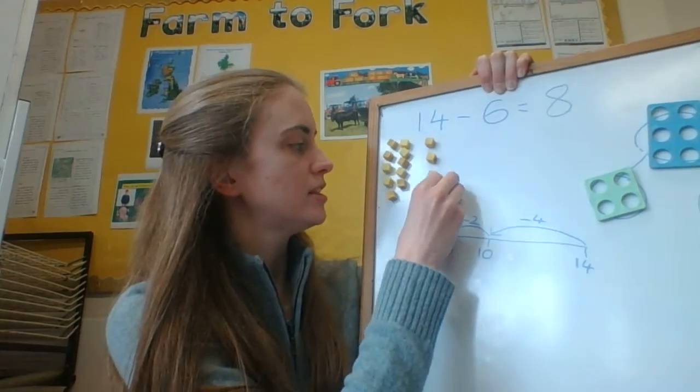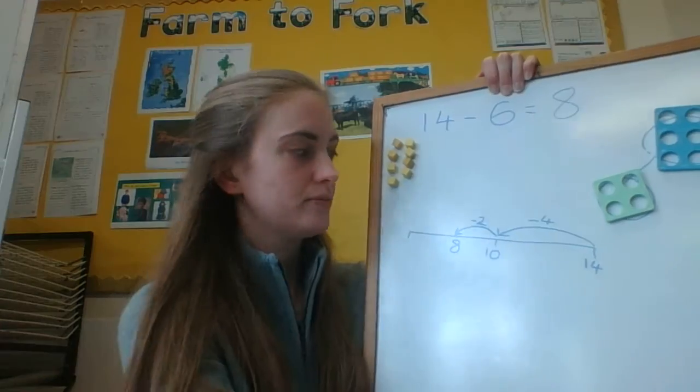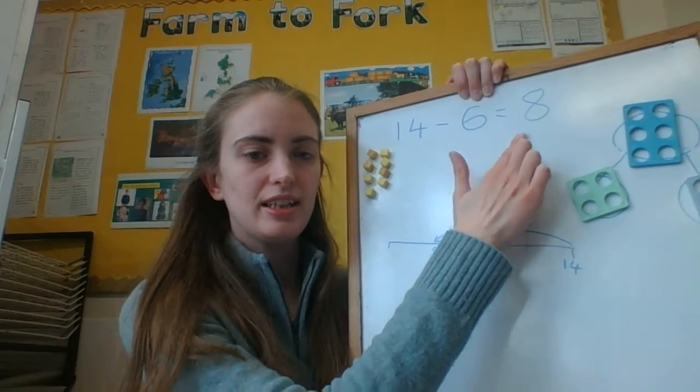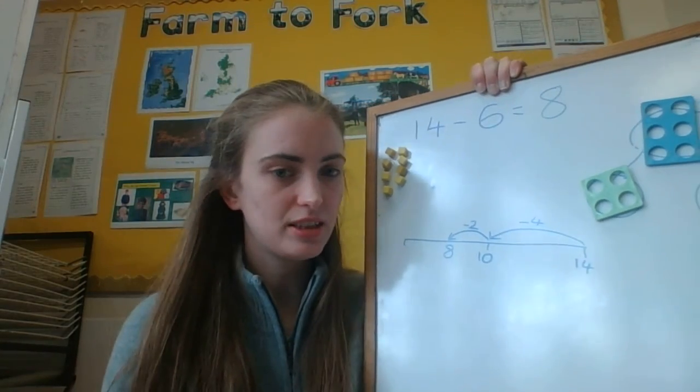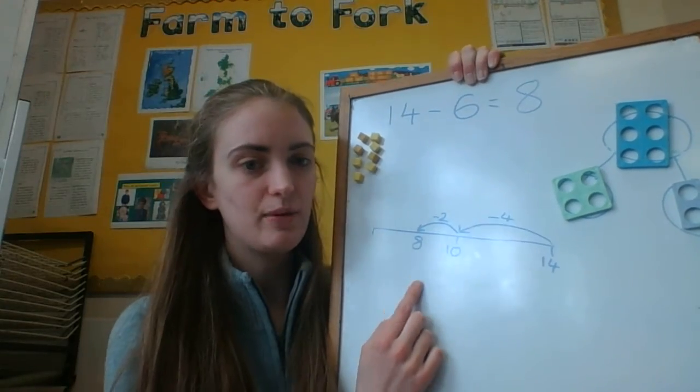So take away 6. 1, 2, 3, 4, 5, 6. 1, 2, 3, 4, 5, 6, 7, 8 left. The answer is 8. But it is faster once you get your brain into gear with it to go back to the 10 and then back a bit more.